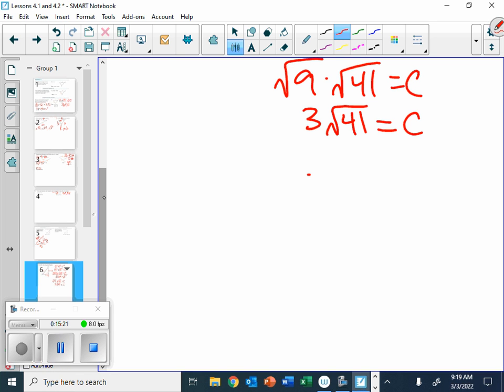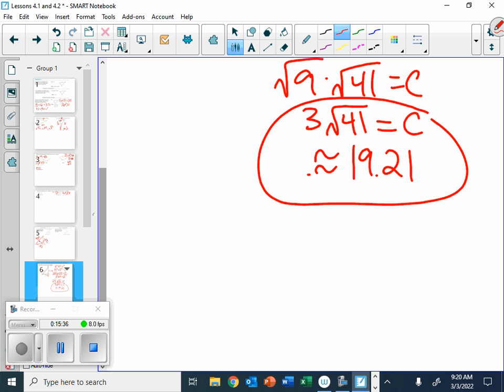What is this as a decimal? 19.21. There you go. So depending on what your homework asked, your answer would either be 3 times the square root of 41 or approximately 19.21.